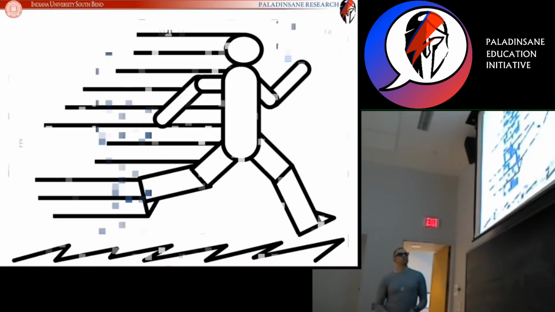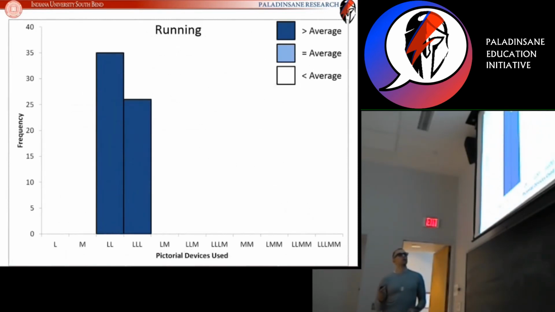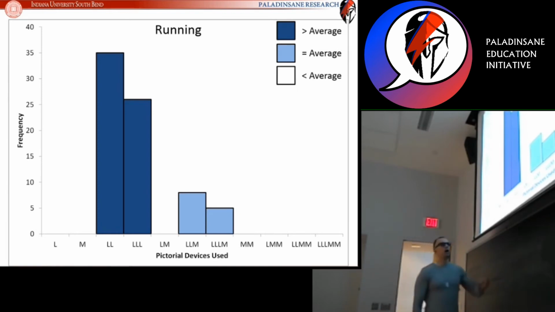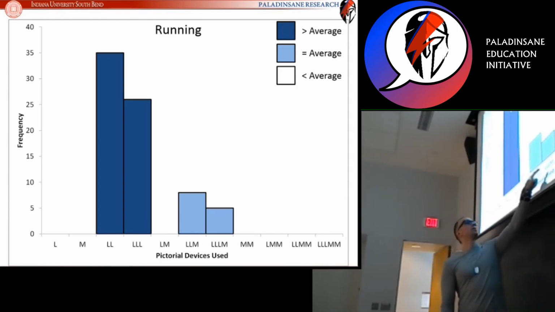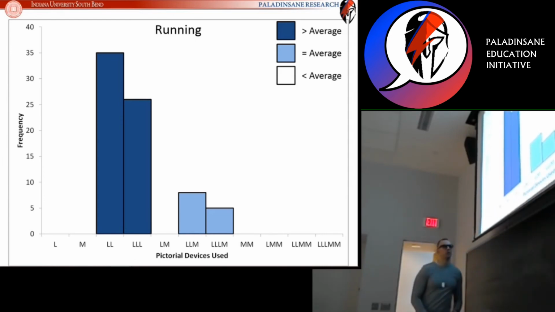How often was that used? Well, those were used at about average. So two literal and one metaphorical, three literal and one metaphorical. Artists did use this information. So not as much as the ones without metaphors, but at an average amount. They weren't actively avoiding it.